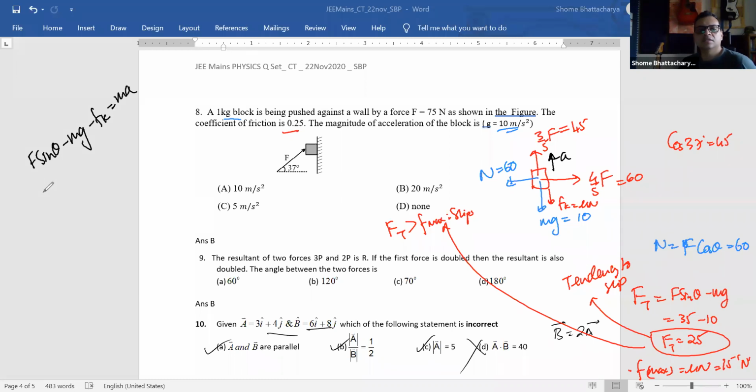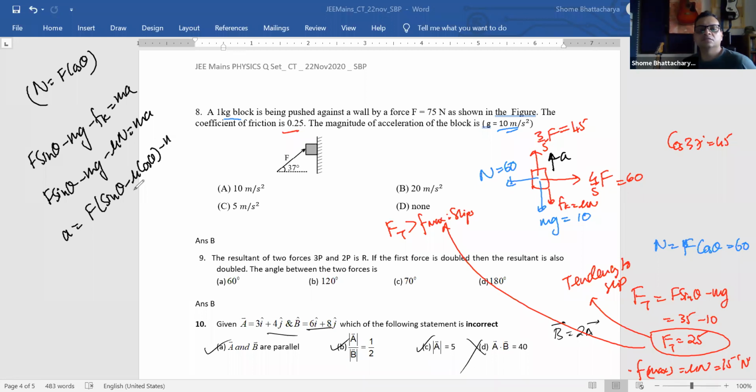That is F sine theta minus mg minus mu n equals ma, and n is further equal to F cos theta. So a will become F sine theta minus mu F cos theta minus mg, divided by m. We have already calculated the things over here, so it is 25 minus 15, which is 10 newtons, divided by the mass, 1 kg.